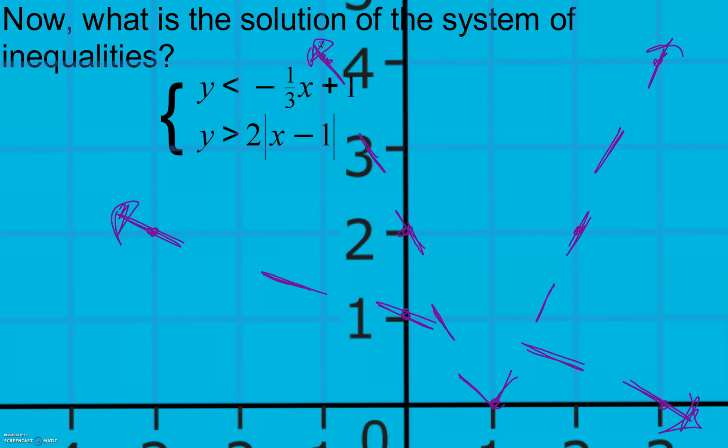And mine aren't very straight here, but you get the idea. We want to go above our absolute value and below our second line, so our answer is just right in this part. And that's all I have for section 3.3.